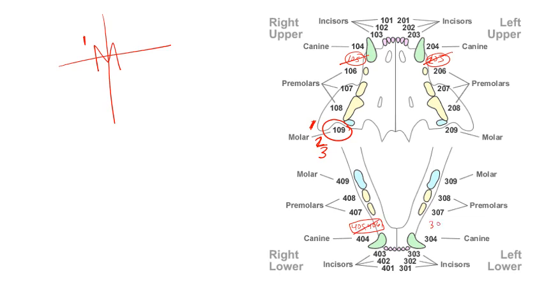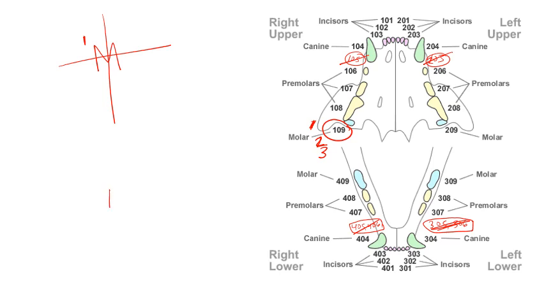We don't have 305 or 306. So when I label my premolars, this system still assumes that those teeth should be there, kind of like we assume that 405 and 406 should be there, even though cats don't have them. They are present for dogs and for other animals. So we're still going to pretend to count them.